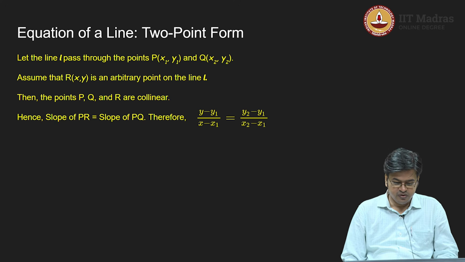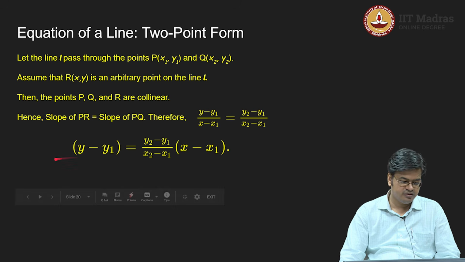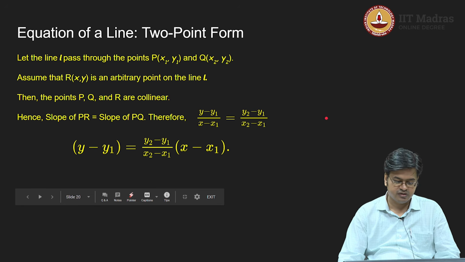So again, if you look at it closely, this particular thing is nothing but the slope of a line M, and we are doing things which are very similar to slope point form. So now instead of counting it explicitly, we are counting it as a ratio. And then you rearrange the term and you will get this expression, because you just take this denominator on the other side and you will get this expression.